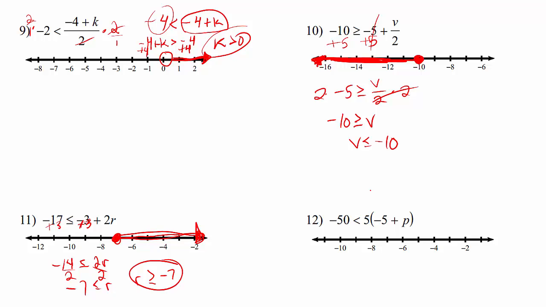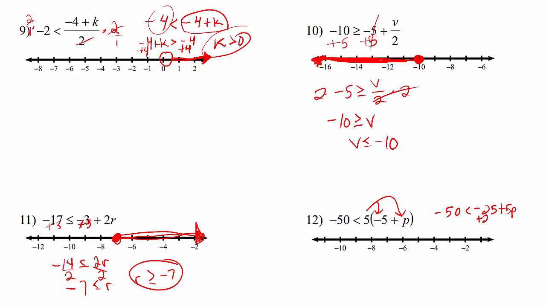12, we have two options. We can distribute, or we can divide this 5 over since it divides evenly into -50. But if you're feeling like that's a weird idea, we'll just distribute and see what happens. -50 is less than -25.